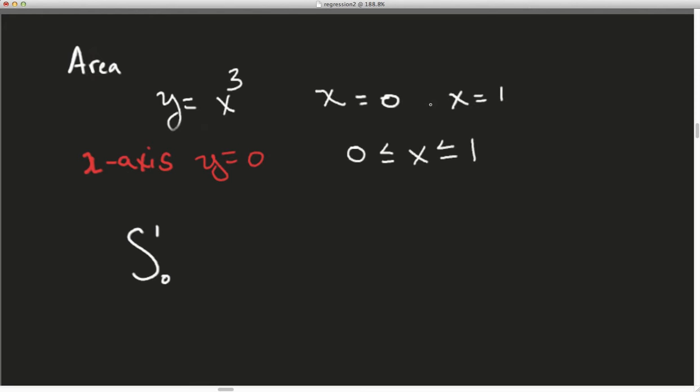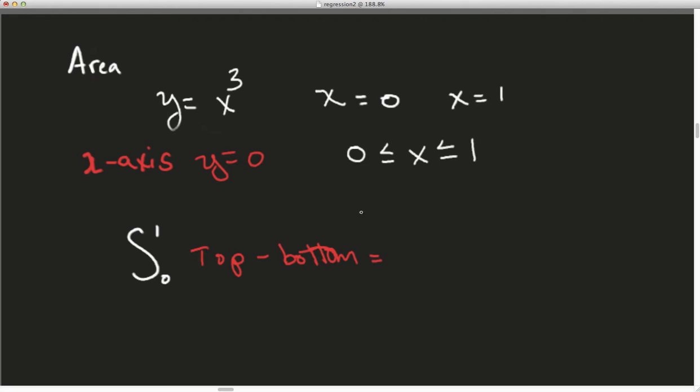So what you've got to do is pick a number between 0 and 1, plug it into your function, and if it's greater than 0, then you write down, it's always the top function minus the bottom function for area.